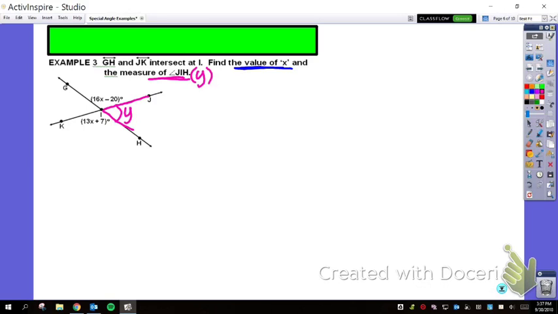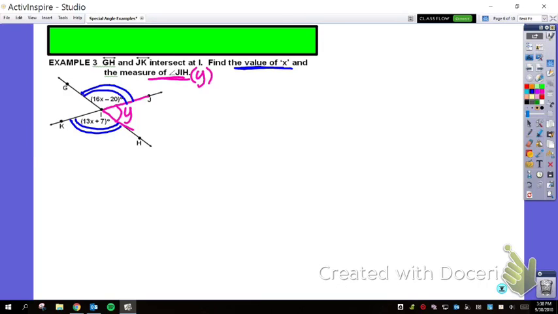Now we have to look at what they gave us with our x's. We know that this angle is 16x minus 20, and we know this angle is 13x plus 7, and those angles are non-adjacent, which means they are vertical angles.